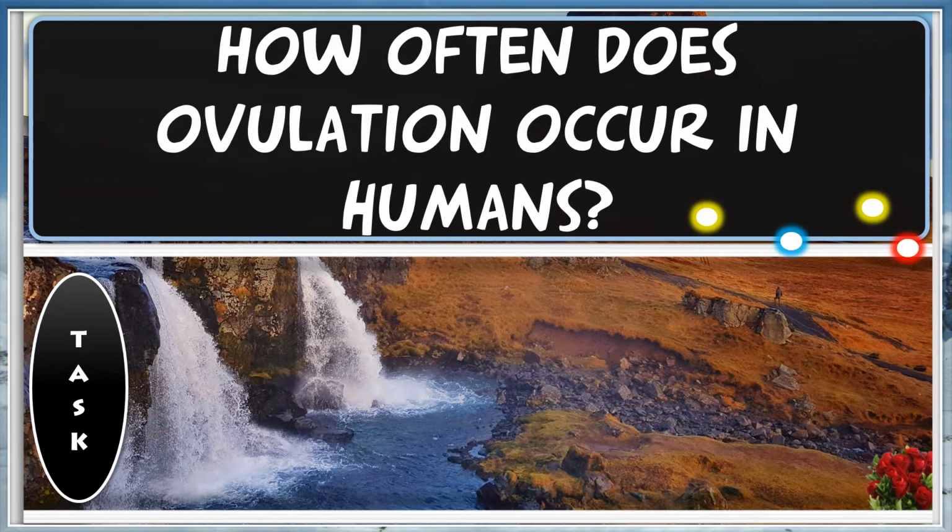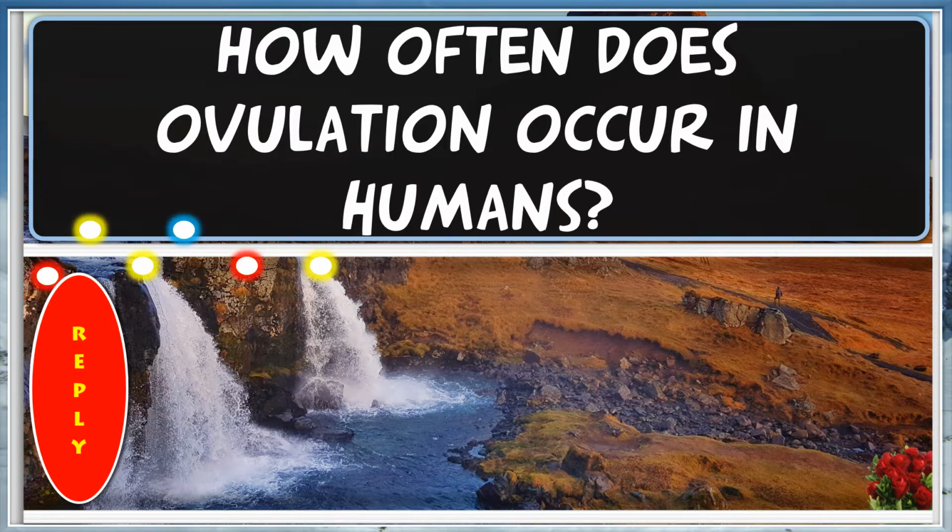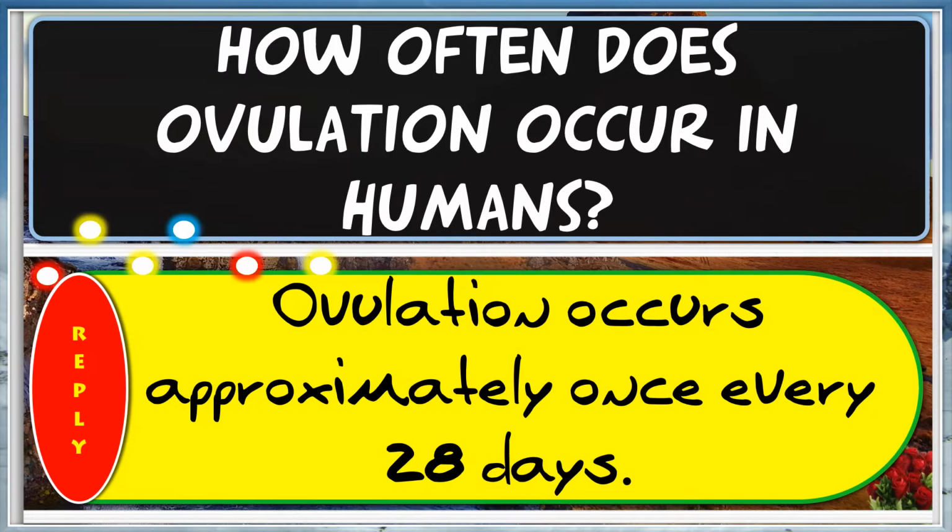How often does ovulation occur in humans? Ovulation occurs approximately once every 28 days.